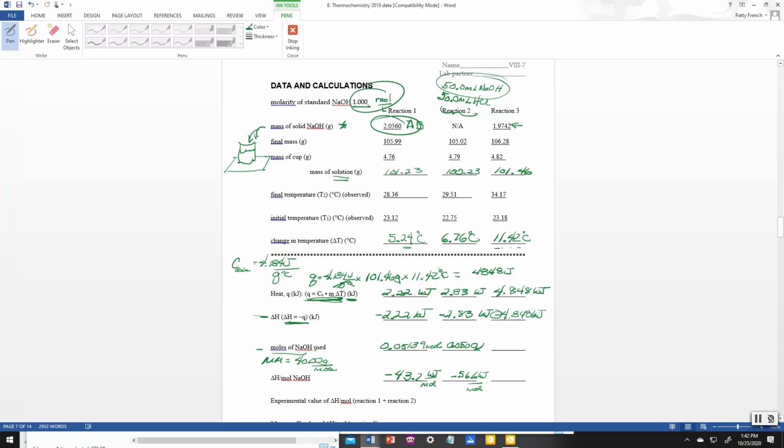Now the moles of NaOH used, again, we have a mass, so we can go ahead and find our moles of NaOH, 1.9742 grams divided by 40.00 grams per mole, and that was 0.04936.